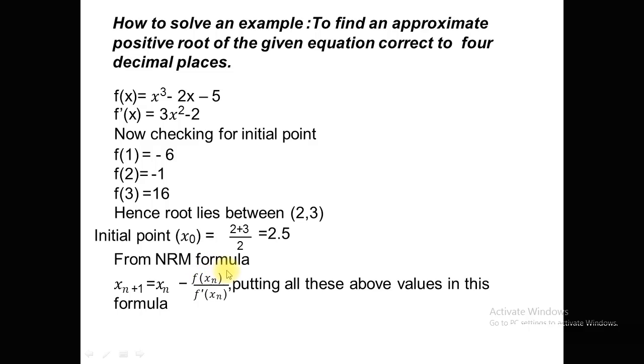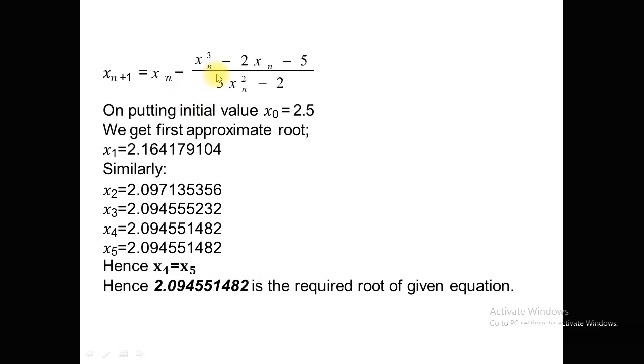Evaluate the function at 2.5 and calculate the function derivative at x = 2.5, and then put these values in the formula. This is the function f(x), and this is the derivative of the function.